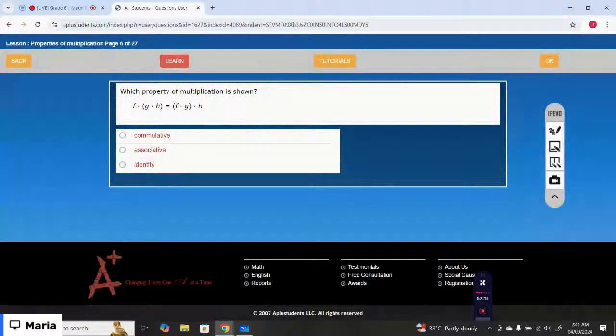Which property of multiplication is shown? f times g times h equals f times g times h. Which is the correct option?